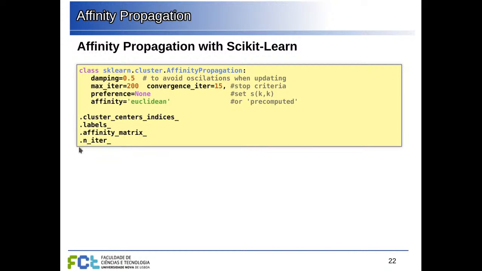For example, for the affinity matrix, you can give a pre-computed one, so you can assign here an array with all the affinities, or if you use, for example, Euclidean, then it will be the negative of the distance and the diagonal will be pre-computed automatically, and so on. So this is how you can use affinity propagation easily with scikit-learn.